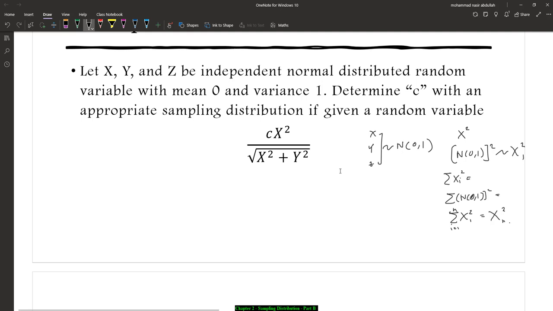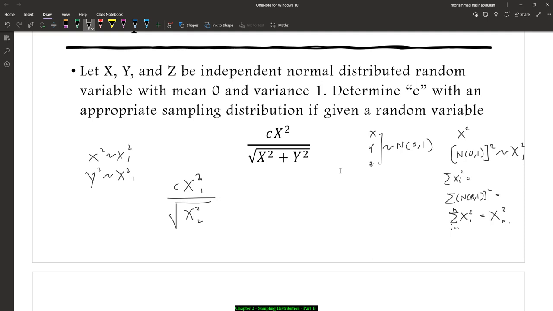So from here we know that X squared has a chi squared distribution with 1 degree of freedom, and Y squared has a chi squared with 1 degree of freedom, right? So from here we know the numerator is chi squared with 1 degree of freedom, and the square root of chi squared with 2 degrees of freedom.